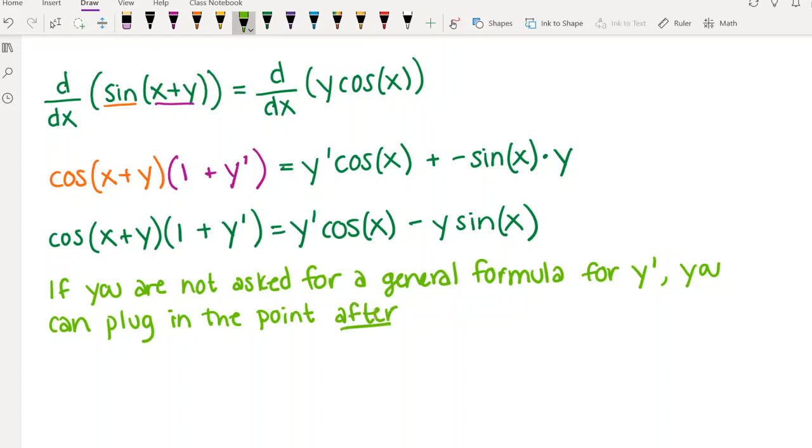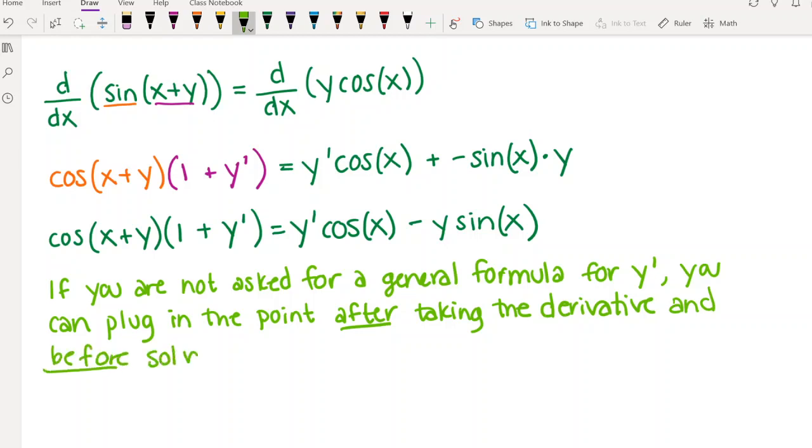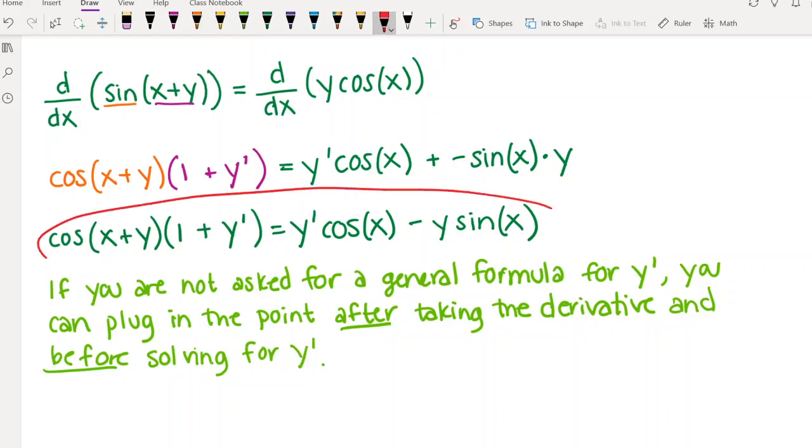It's really important you plug it in after taking the derivative. Because if you plug it in before, then you'll just have a bunch of numbers and you'll have nothing to take the derivative of. But if you plug it in after taking the derivative, but before solving for y prime, so why would you do this? Well, personally, if I look at this, I say that doesn't really look like something I'm dying to solve for y prime, right?